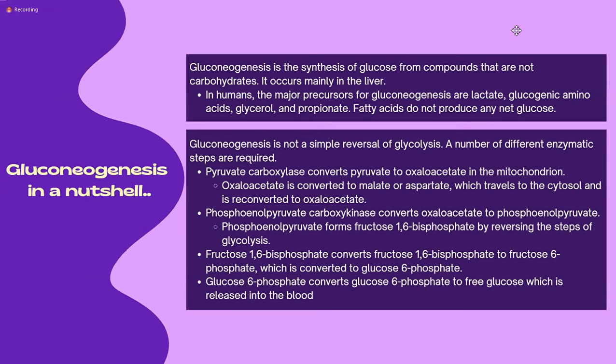The remaining 3 carbons of the fatty acid in fatty acid metabolism through beta oxidation is the one that is converted to propionic acid.